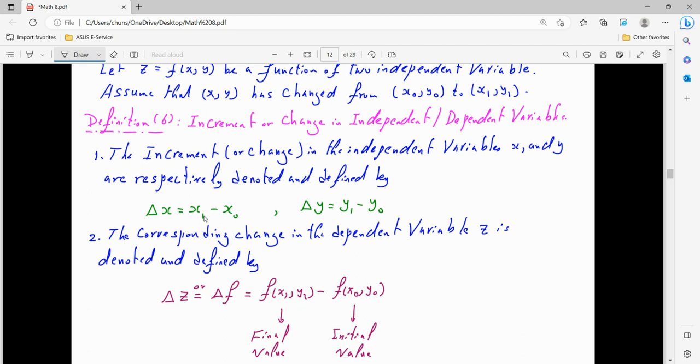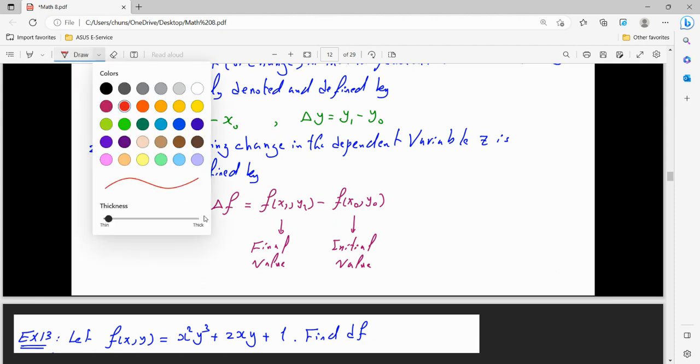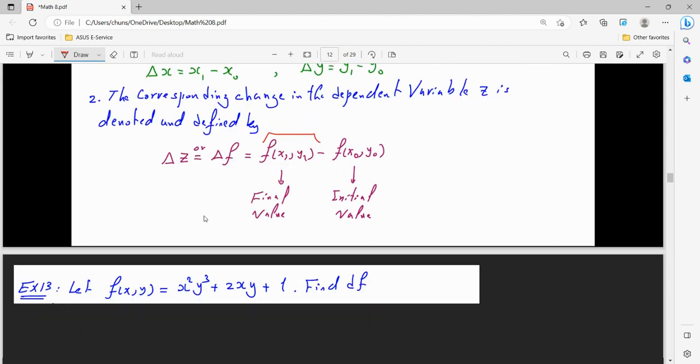And the corresponding change for dependent variables, so if we have a function with respect to some other variables, our change in z would be our change in our function, which is our new function, so our final function minus our initial function value.